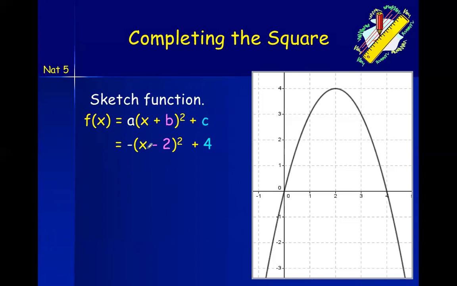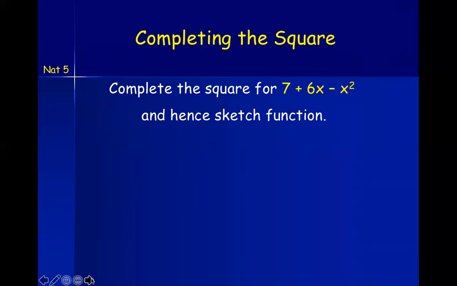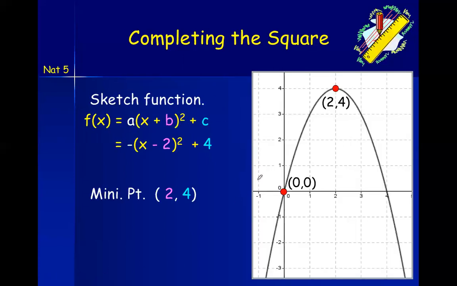And when x equals 0, negative 2 squared is 4, times negative 1 is minus 4, plus 4. So that passes through 0, 0. And if you wanted the other point, you've got symmetry here. So if it goes through 0, 0, it's going to go through 4, 0. Okay, so 2, 4 and 0, 0 would be how you would sketch this.